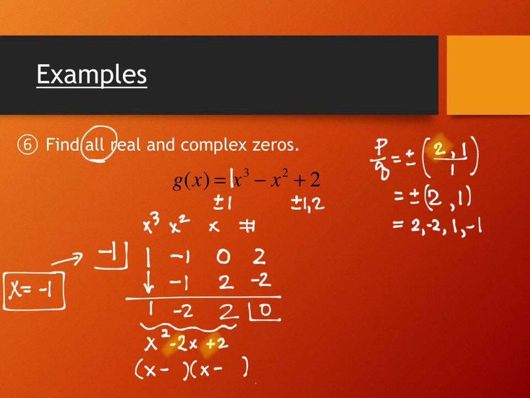And I run into a problem. The only two numbers that multiply to the 2 at the end are 2 and 1, right? But when I put the 2 and the 1 in, what happens? It doesn't add up to the -2 in the middle. Shorthand, it just don't work.